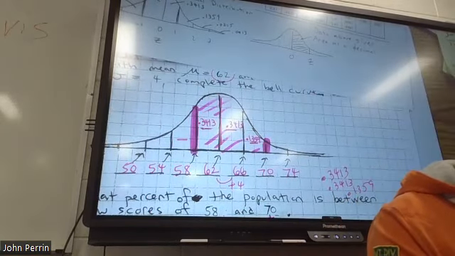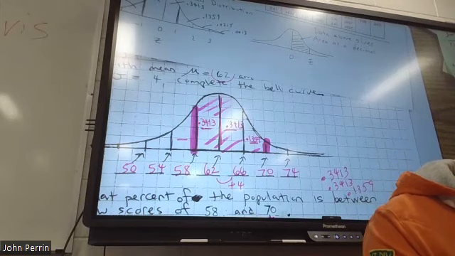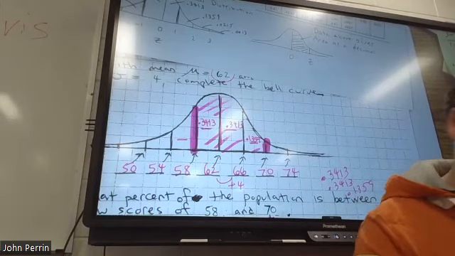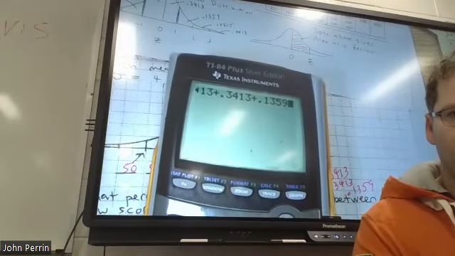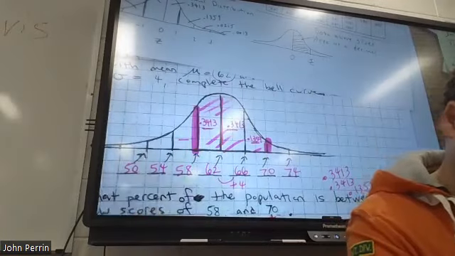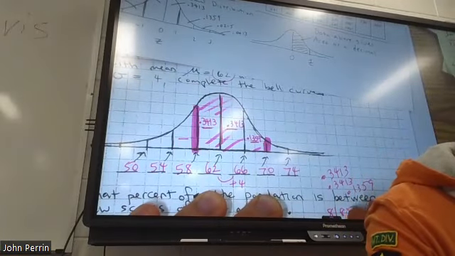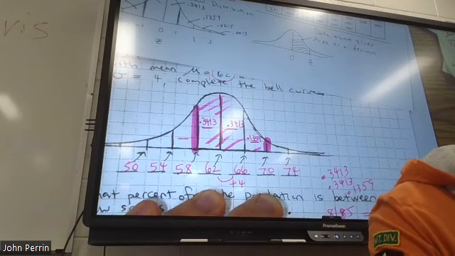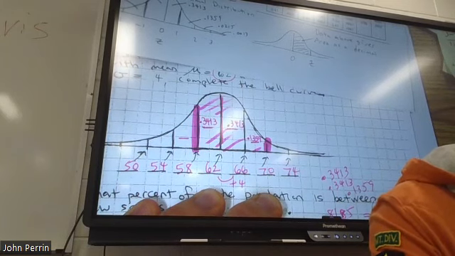Let's try that. 0.8185. We could give this as a percent. So as a percent, it's 81.85%.